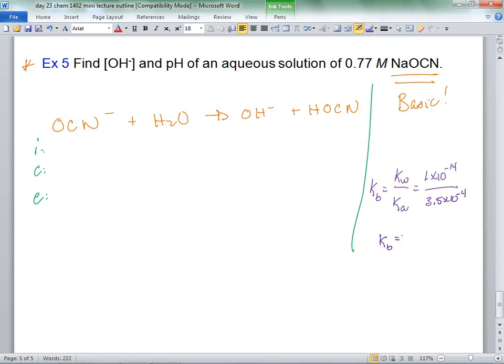It equals products over reactants. So that would be x, that would be x, and that guy's 0.77 minus x. And it's 10 to the negative 11, so you can drop some stuff.